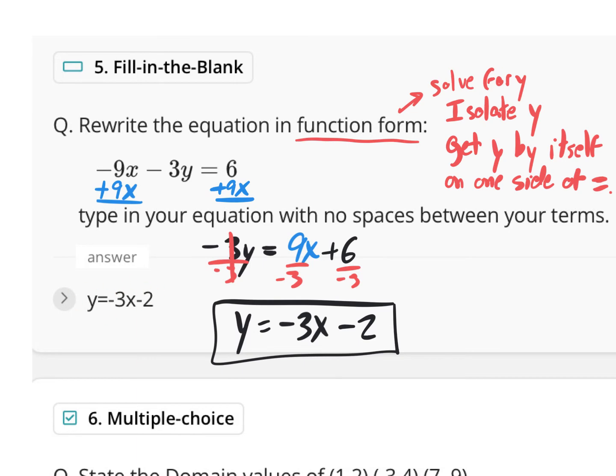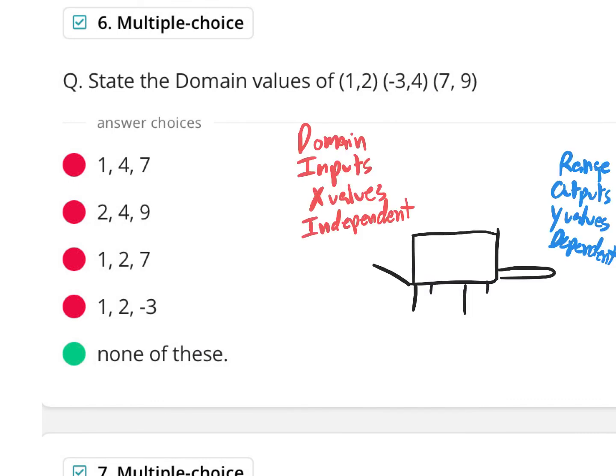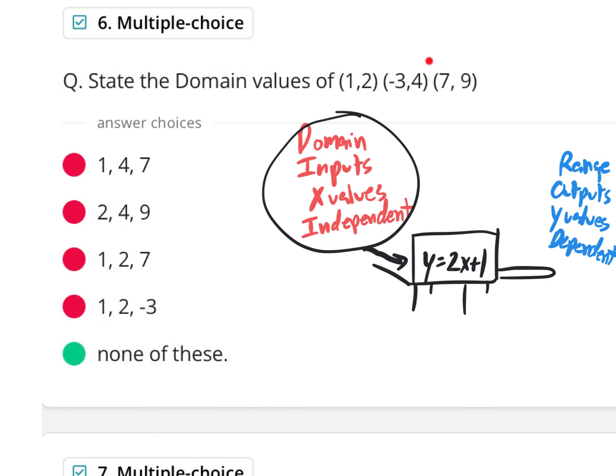Let's move on. Once again, the domain values, if you remember, the domain, the inputs, the x values, the independent values, those go into the machine, and you're going to have a function in here, like y equals 2x plus 1. And of course, you plug them into the x, and then you get out answers. Those are your range values, your outputs, your y values, your dependent values. So if you know this, then when they ask you to state the domain, and I give you coordinates, which are really ordered pairs, which are really x and y values, what are domain values?